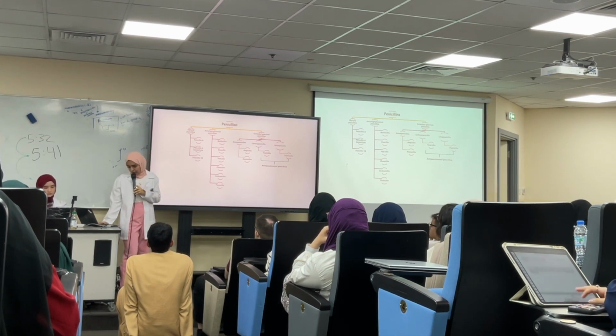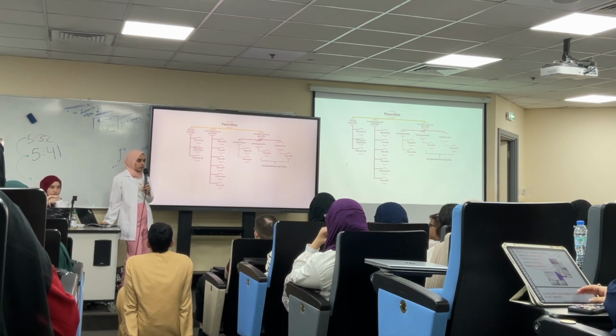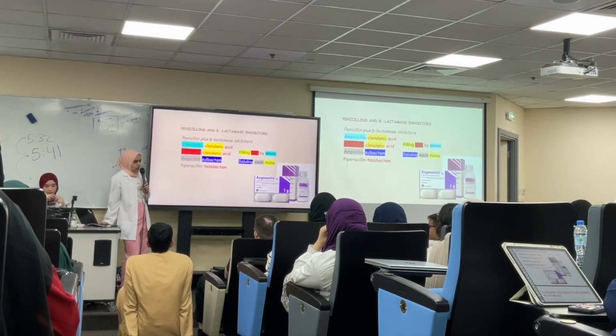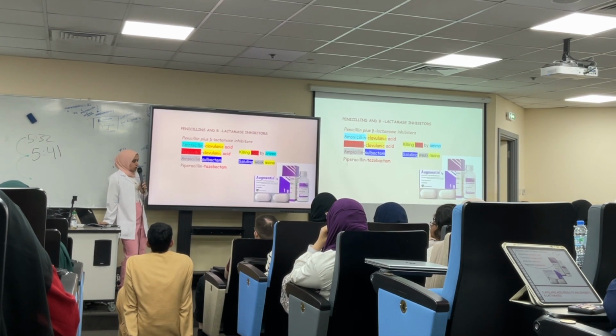Now let's see one more thing. In penicillin, we have struggled with one thing, that they are broken down by the beta-lactamases, right? So we're still advancing with the technology, and they're like, okay, we'll give another drug that can kill the beta-lactamase, so penicillin can do whatever their job is.